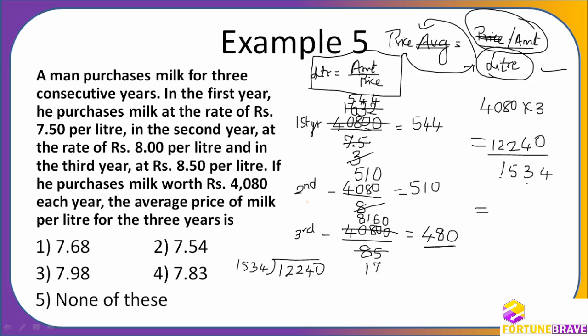15 8s are how much? 15 into 8 I will do. 8 4s are 32, 8 3s are 24, 27, 8 5s are 40, 42, and then 8 1s are 8 plus 4 is 12. 12 to 72.